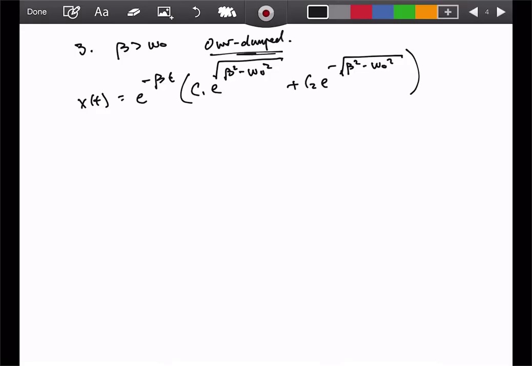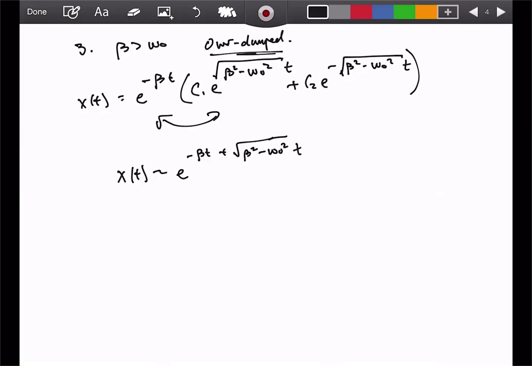So why is this guy overdamped? Well, let's look at each one of these two terms, more specifically this first term here. Basically, x of t goes as e to the minus beta t plus some square root of beta squared minus omega 0 squared, times t. Oh, I forgot my t's here.